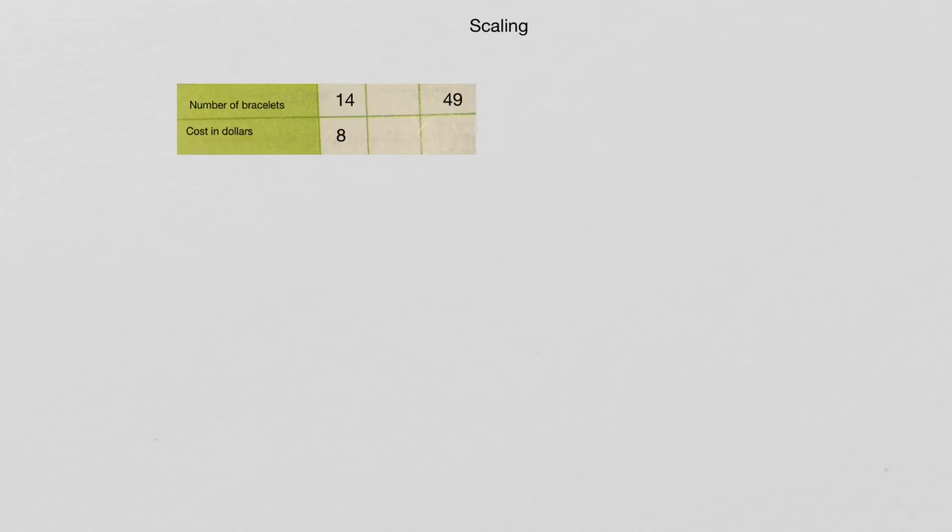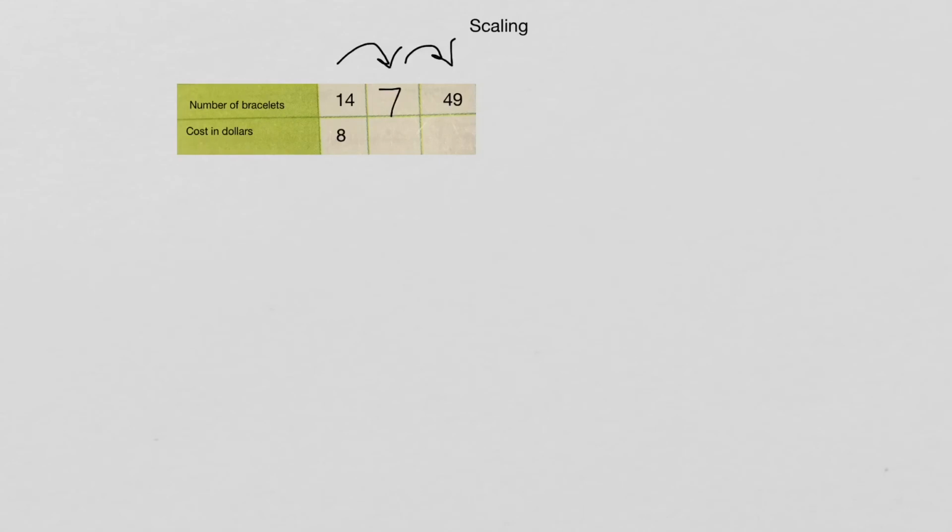To use scaling, I'm going to try to figure out how to get from 14 to 49. I like to think of this as 2 sides of the river, and I need to hit a stepping stone before I can get to the other side. This stepping stone is going to be any common factor that 14 and 49 share. One common factor of 14 and 49 is 7.